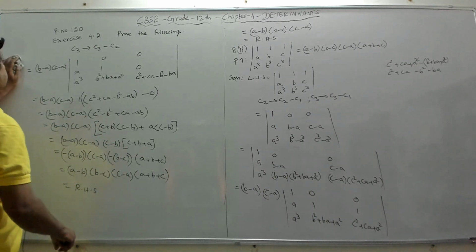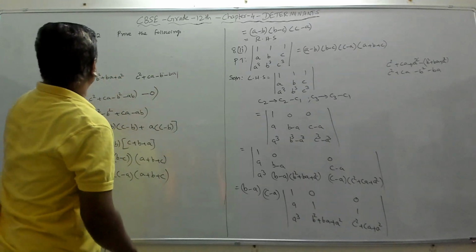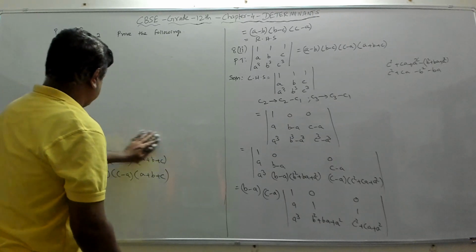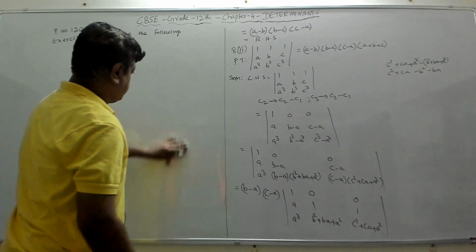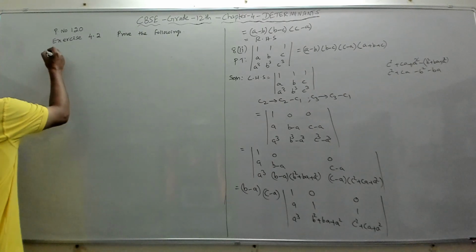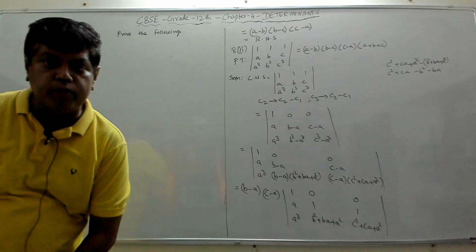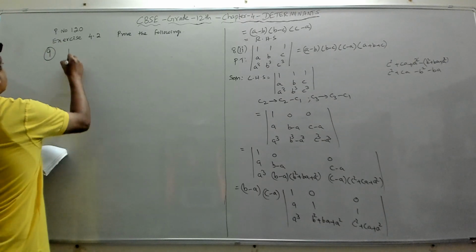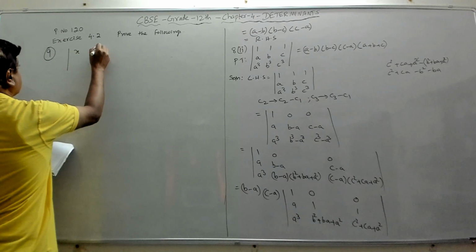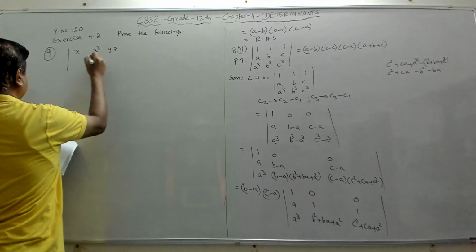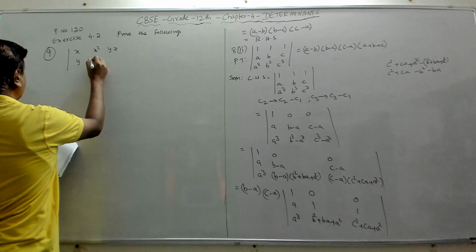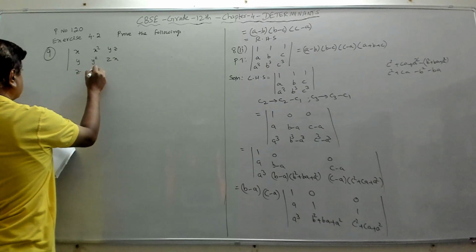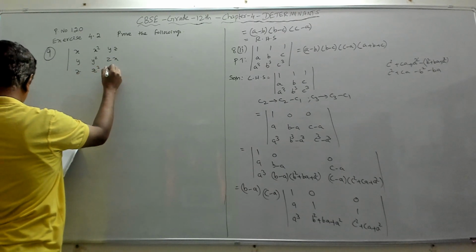So the 9th one, I'm erasing this. So 9th question. What we have to prove is determinant x, x square, yz, then y, y square, zx, then z, z square, xy.